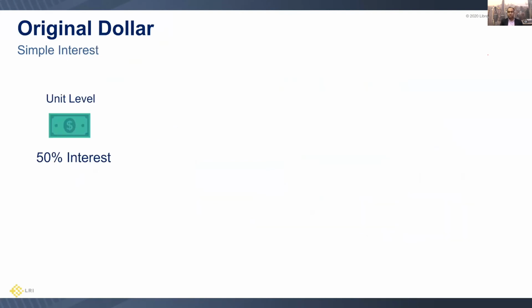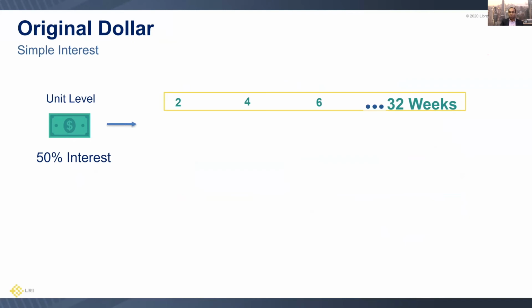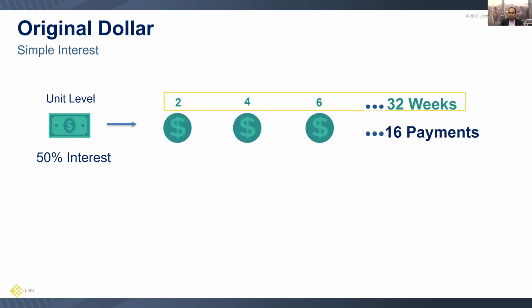So let's just do a theoretical 50% interest rate for a single dollar that we're going to lend out, or a single amount of money that we're going to lend out. Well, we'll take an example of a lending portfolio that lends out the money and expects to get all that money back in 32 weeks. So it's 16 payments within that time frame, which is a payment every other week.